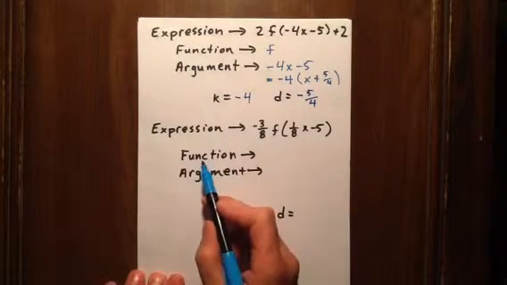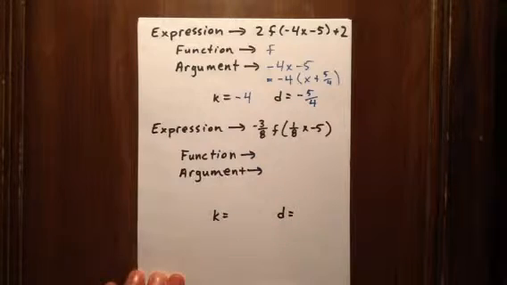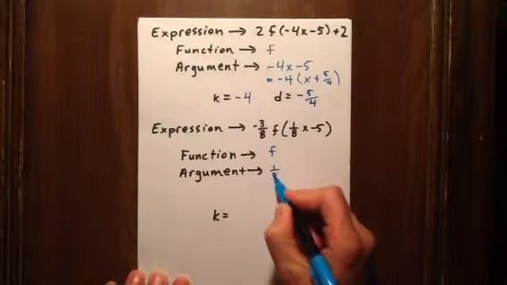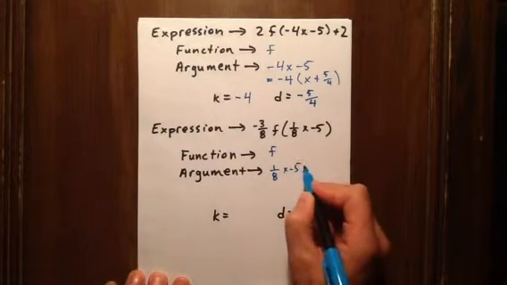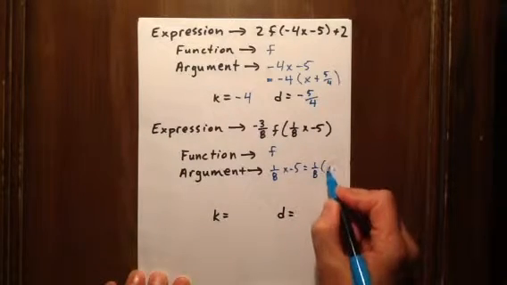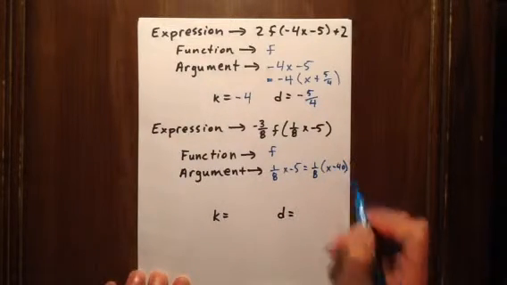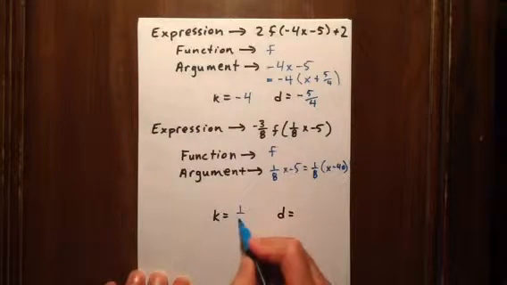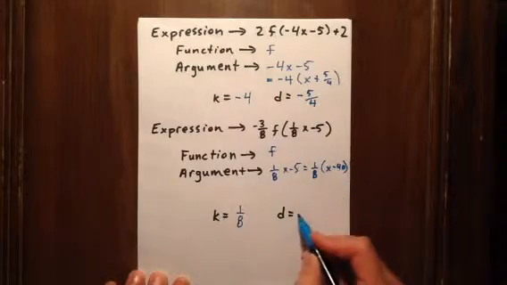Okay, and our next question here, the expression is negative 3/8 f of 1/8 x minus 5. The function is f, and the argument is 1/8 x minus 5. Factoring out that 1/8, that's the same as saying 1/8 in brackets x minus 40. Well, our k value is 1/8, and our d value is 40.